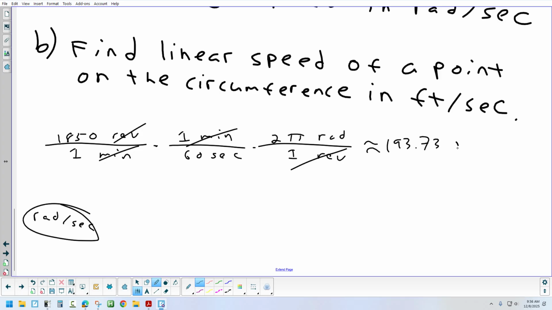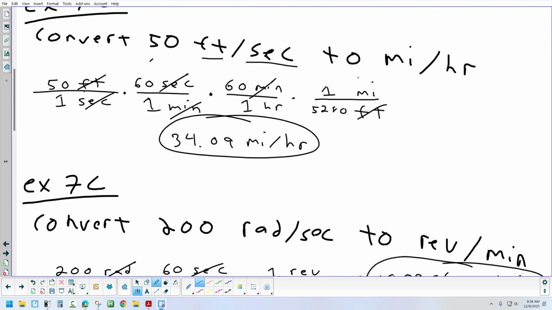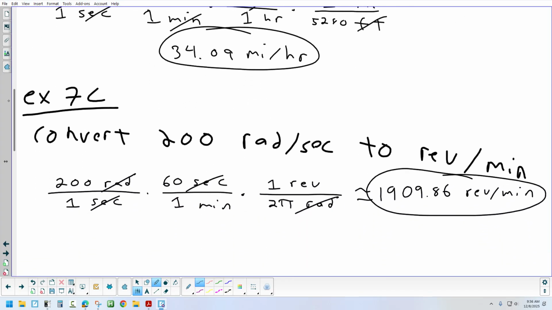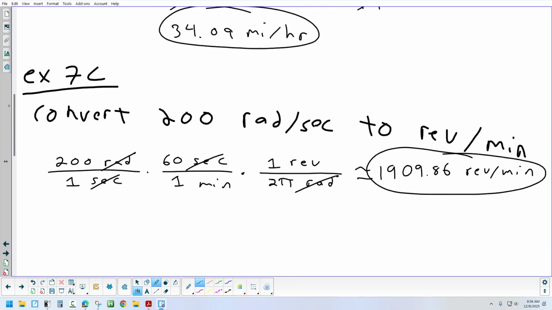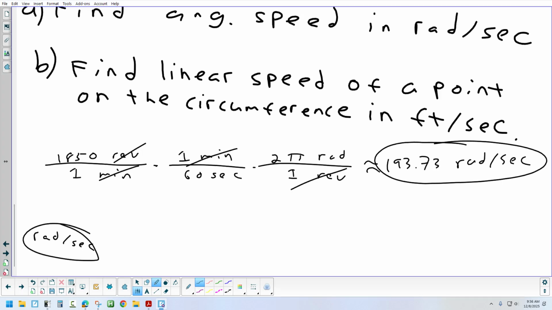And that's radians per second. All right, nothing that different about that one. It's pretty much what we did in example 7C. Actually, just in reverse. We did radians per second to revs per minute, and this was revs per minute to radians per second.